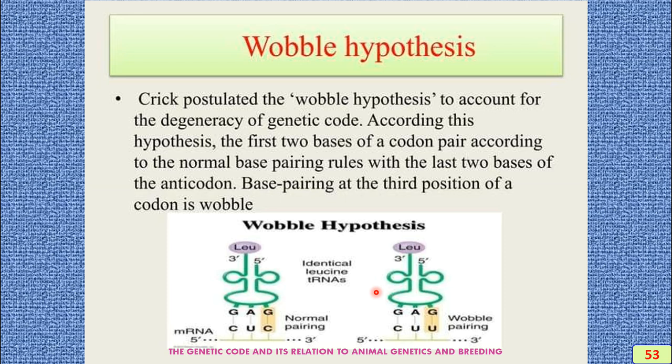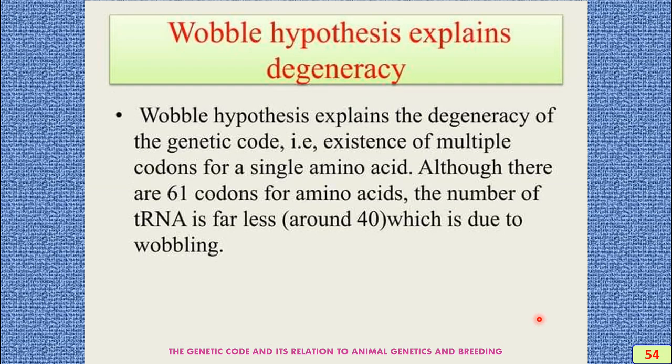Just like you can see here, GAG and CUC are the normal pairing, whereas GAG and CUU are called the wobble pairing. So the wobble hypothesis explains the degeneracy, and it explains the existence of multiple codons for a single amino acid.